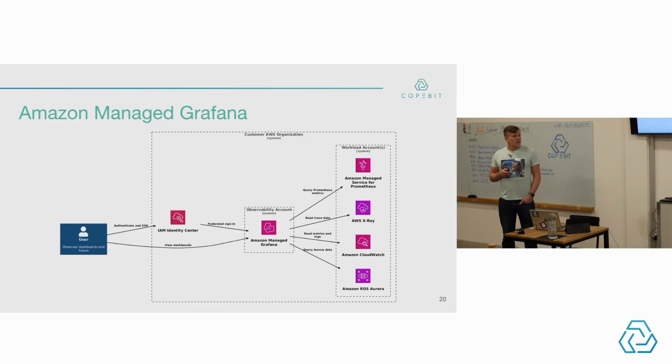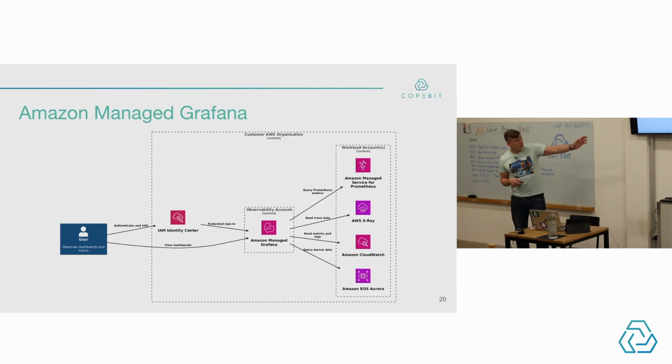And if you're using Grafana and you haven't checked out Managed Grafana, it's quite nice because it's a managed service, and it's integrated with AWS IAM Identity Center. So it's super simple to set up, and it can connect directly to these services and more.